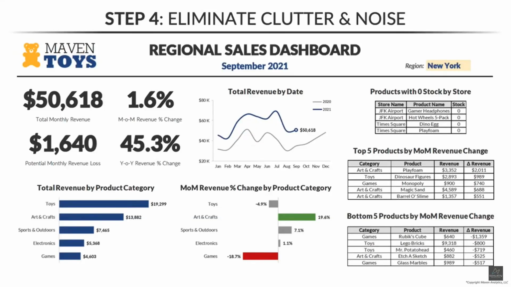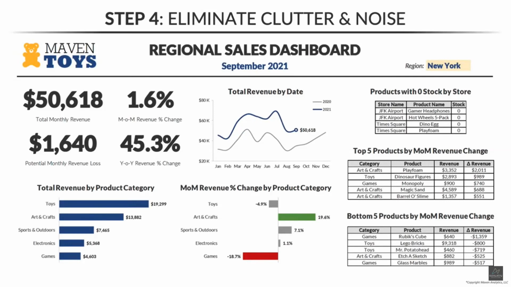JFK airport, so that gamer headphones is impacting. And JFK airport Hot Wheels 5-pack also impacting. Times Square also you can see some other product like that. Every store wise, product wise, these products are with 0 inventory, so we need to focus on them.